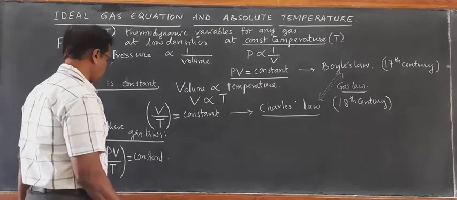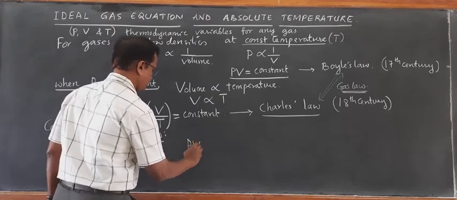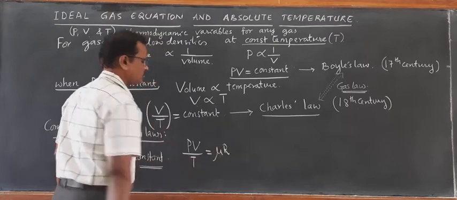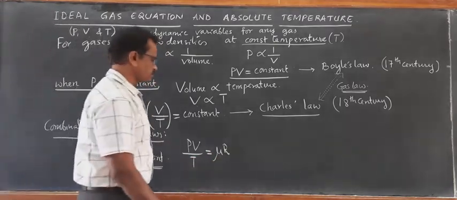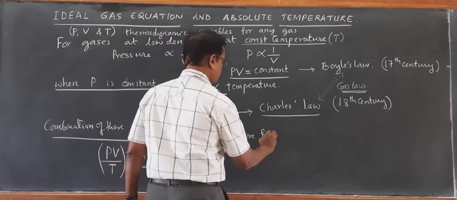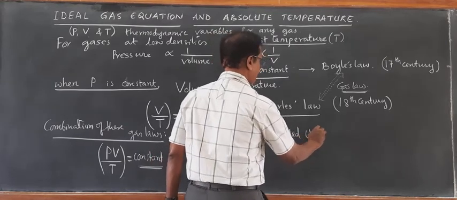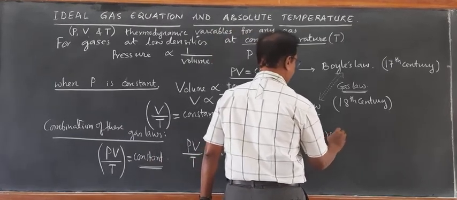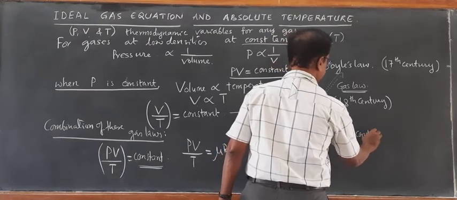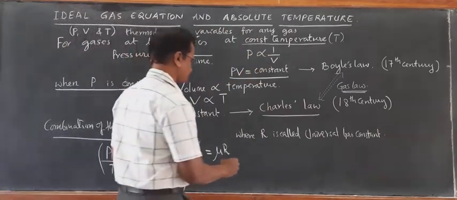Further, this constant value was found. PV by T was found to be equal to mu R, where R is called the universal gas constant, and its value was calculated.